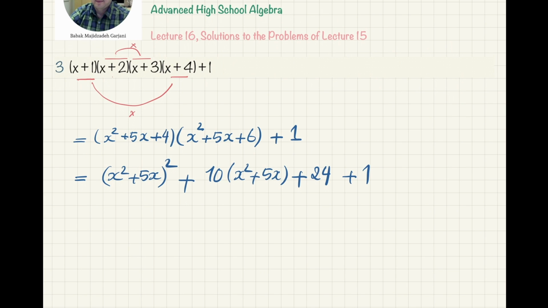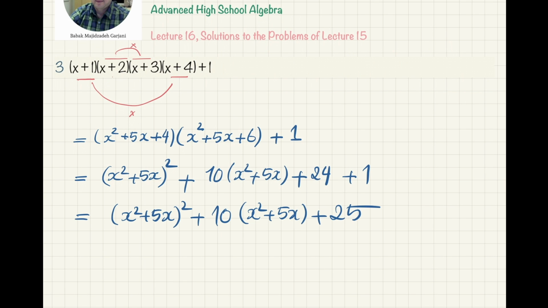Then what happens? It becomes x squared plus 5x to the power of 2, and then you have 10x squared plus 5x, and then you have 25. Yes?